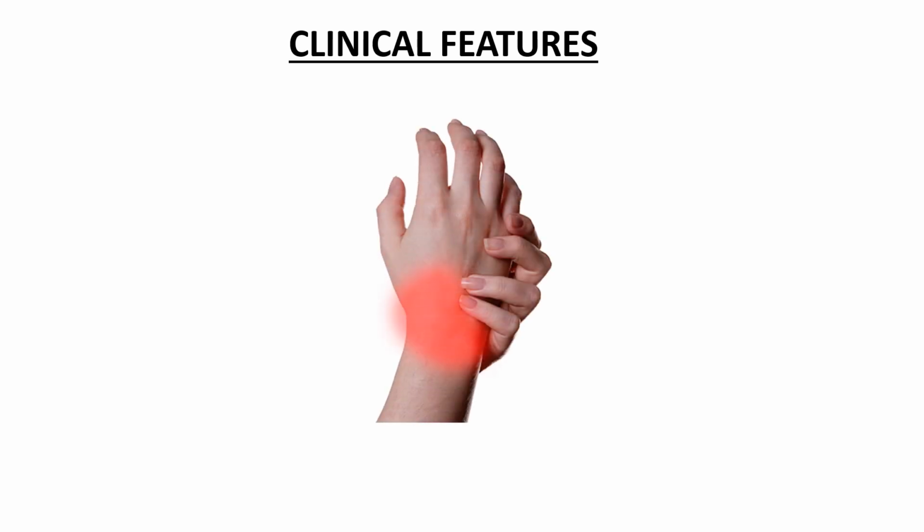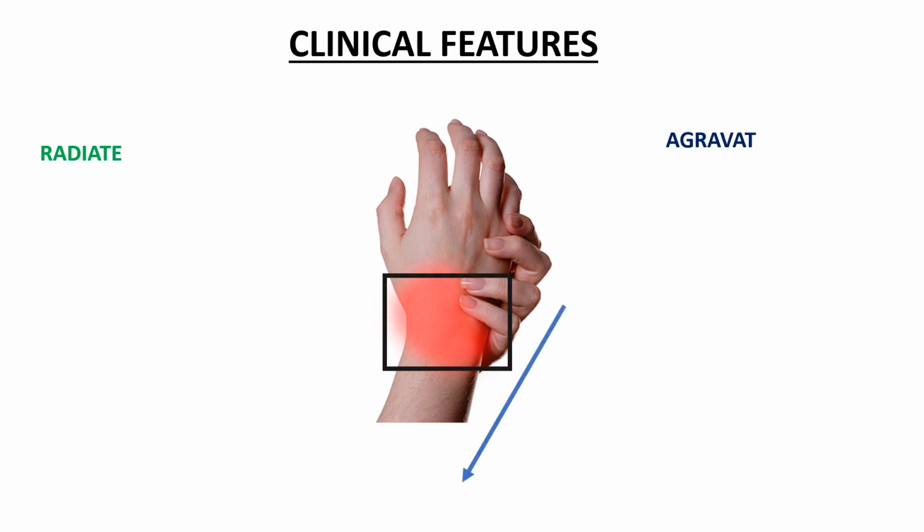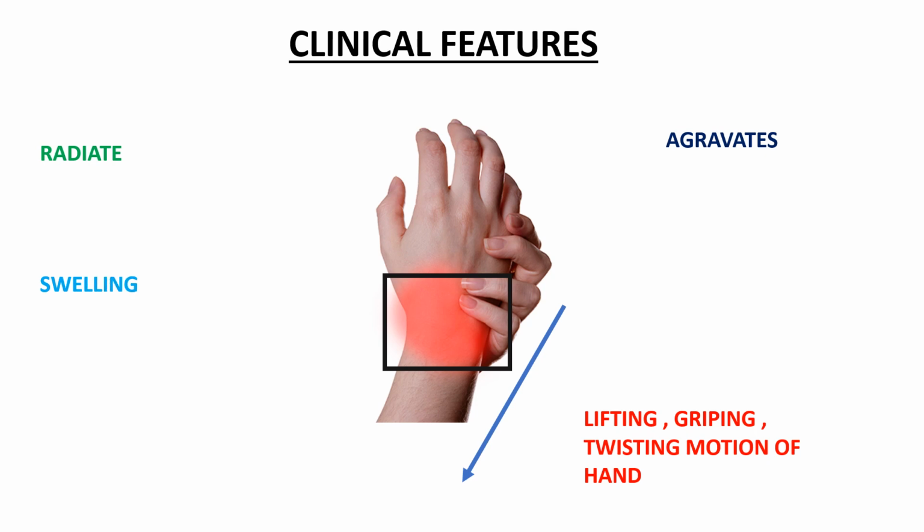Now I'll tell you about the clinical presentation of this condition. Patients often complain of radial side wrist pain radiating to the forearm with gripping activity, and this pain is aggravated by repetitive lifting, gripping, and twisting motions of the hand. Therapists can also note swelling over the anatomical snuffbox area.